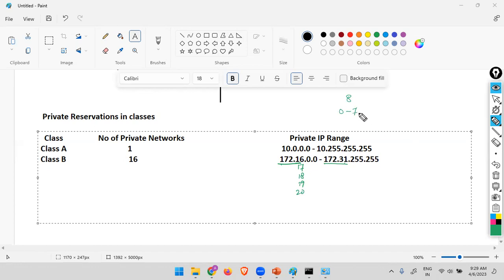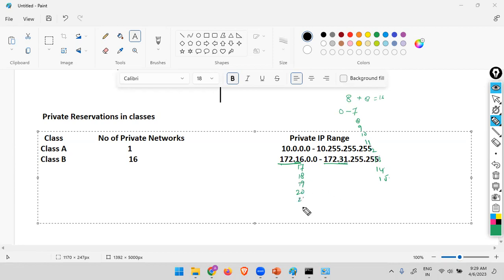If I start the next 8 networks, 8 plus 8 is 16, but I'm not counting the 8. After 7 comes 8, 9, 10, 11, 12, 13, 14, 15. That is 8. So from 16 till 31, how many networks? 16.